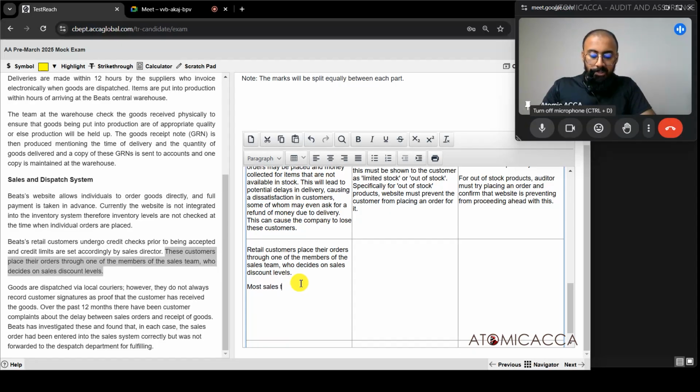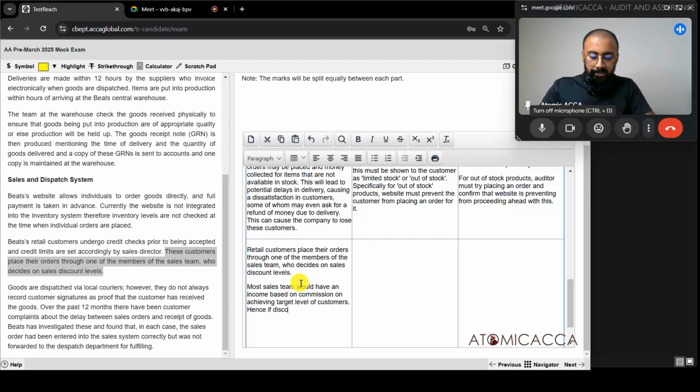Most sales teams would have an income based on commissions on achieving target level of customers.